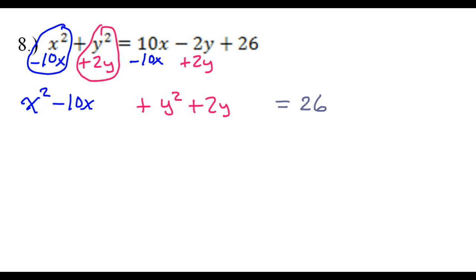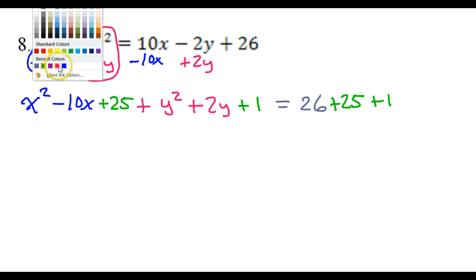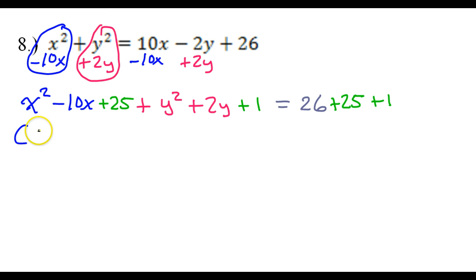So now's the time to complete the square. So looking at the x's, half of 10 is 5. 5 squared is 25. Don't forget to add it to both sides. Looking at the 2, half of 2 is 1. 1 squared is 1. So I'm going to add that to both sides as well. So now I see that this is going to factor as x minus 5 times x minus 5.